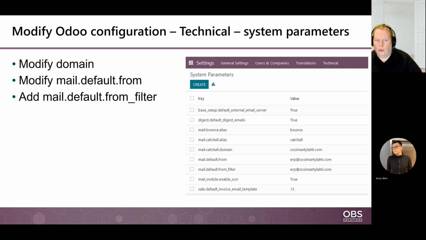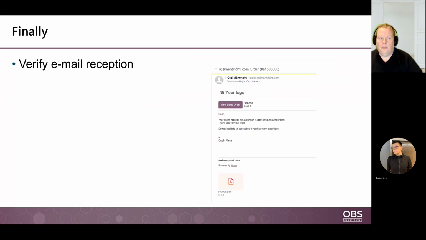Then modify the mail default from and set the mail default from filter. Set your fixed email address for those fields, and then you are done. Because now you can send emails to recipients from Odoo and make certain that they get received.